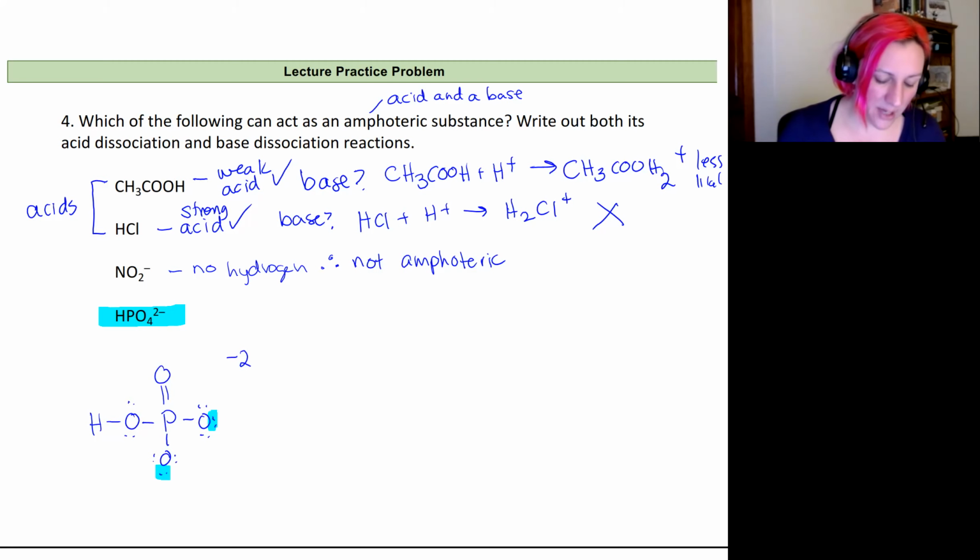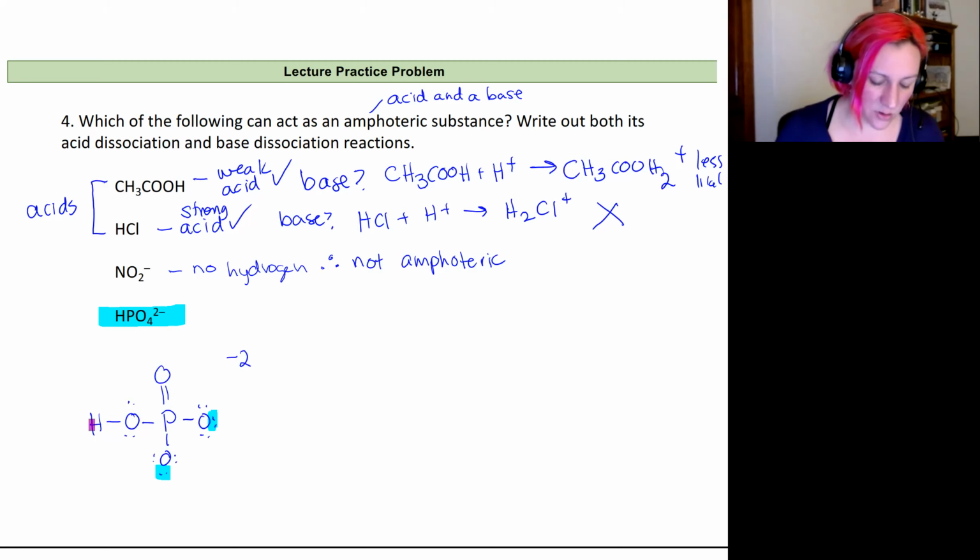We also have a hydrogen that's attached to an oxygen that's attached to a phosphorus, so we have an oxyacid structure, and we have negative lone pairs. This one far more clearly shows the pattern for an acid and the pattern we're looking for in a good base. So our amphoteric substance is going to be this HPO4 2 minus.